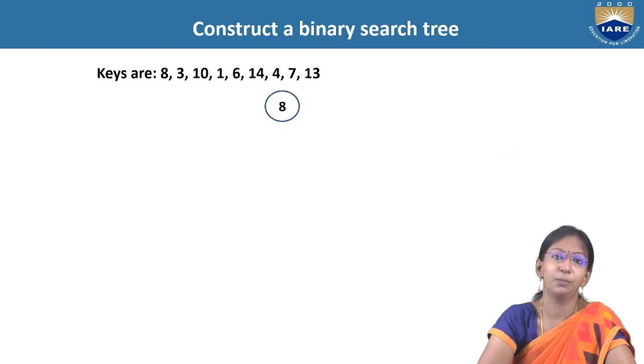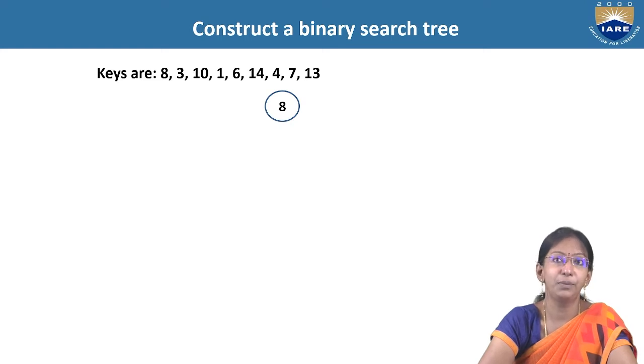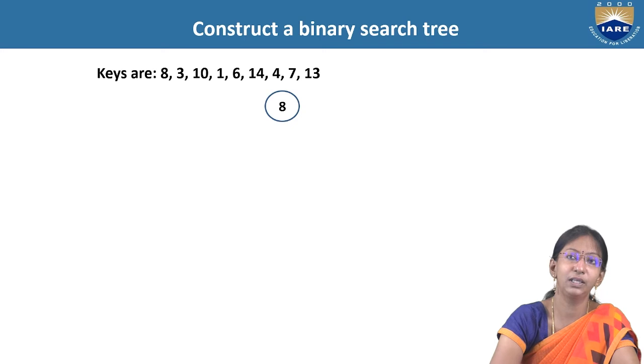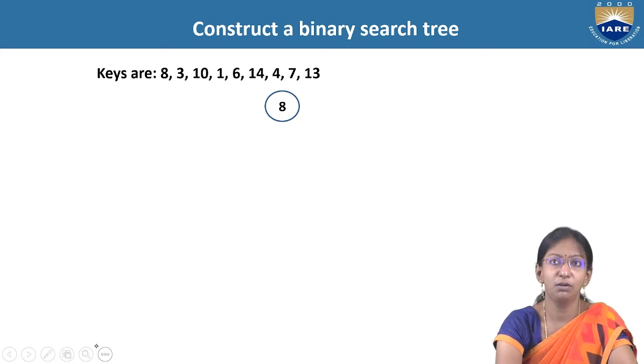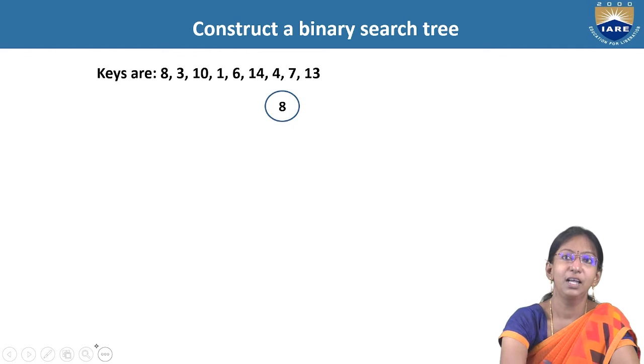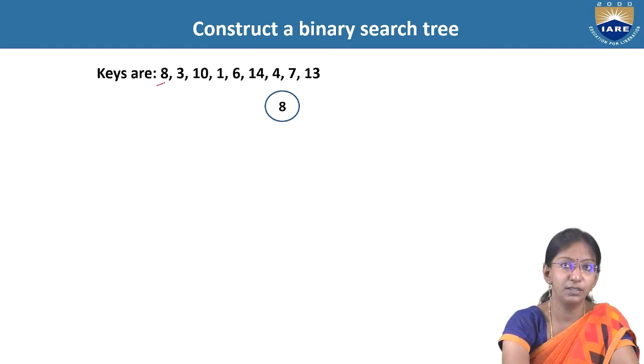Let's have a look at this one. Let's construct a binary search tree for the given list. The elements are in random order. They are neither in ascending nor descending order: 8, 3, 10. That itself tells you. Okay. The first node, what did I tell you? The first node always behaves like the root node, right?